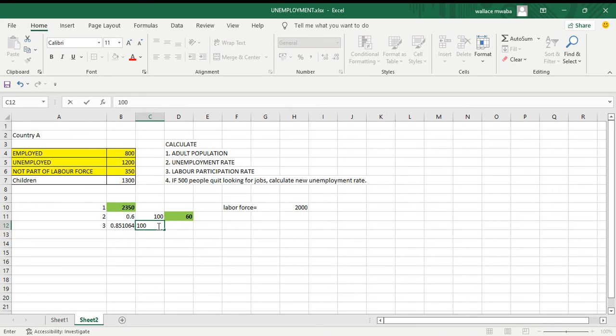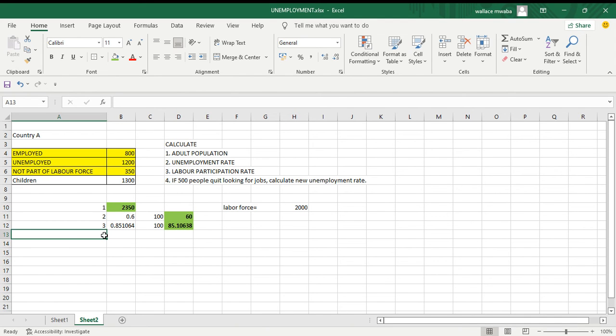We multiply it by 100. So this is going to be approximately 85%. So our labor participation rate is 85.106%. So we just roughly say 85%.